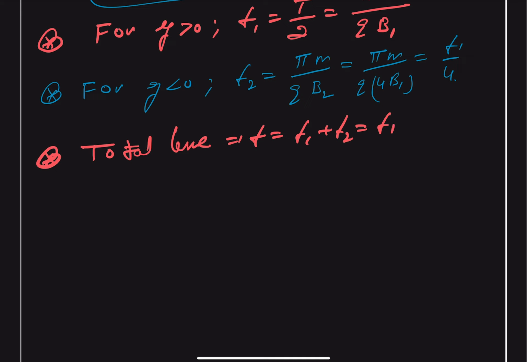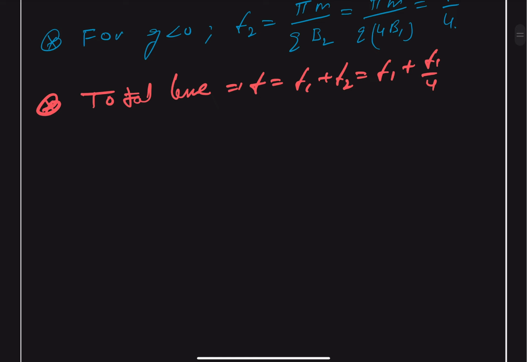So this comes as t1 and t2 we know is t1 by 4. So we get total time t is equal to 5t1 divided by 4.